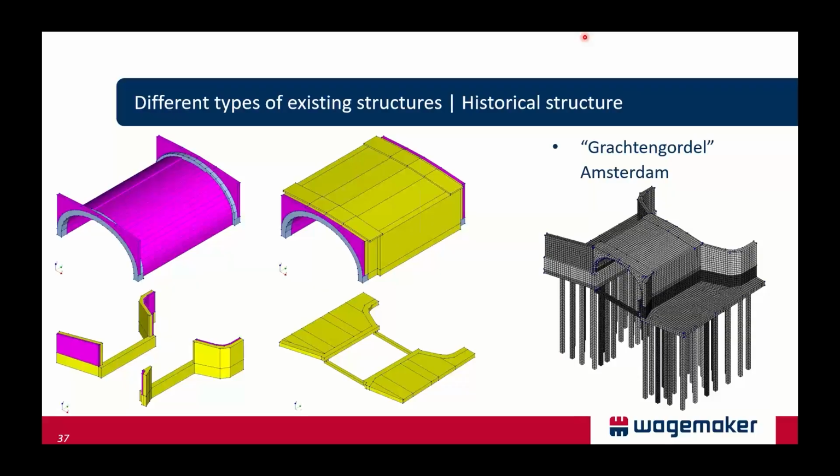So it's neither a beam nor a shell. It is a solid, so that being a solid should contribute to the load distribution in mainly the lateral direction. So that's the reason why we have chosen to use the solids in this case.